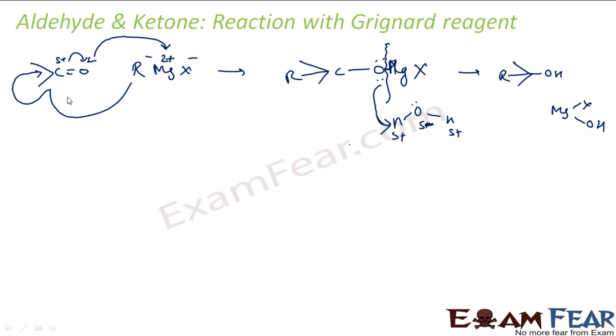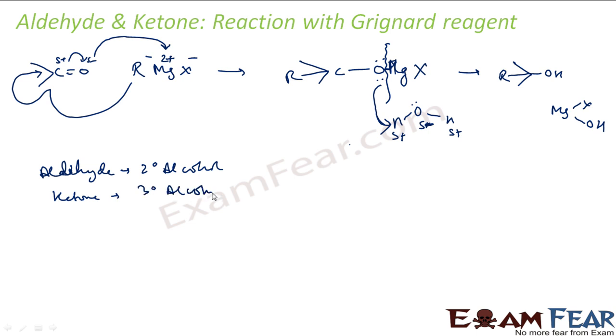Correct. So if you use aldehyde here, you get 2-degree alcohol. And if you use ketone, you get 3-degree alcohol.